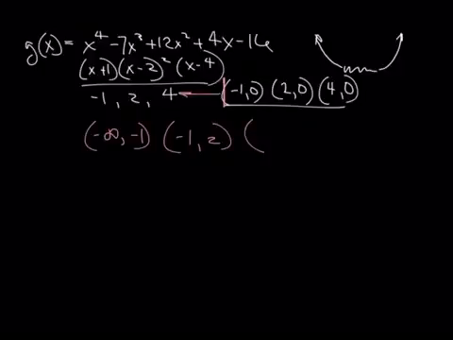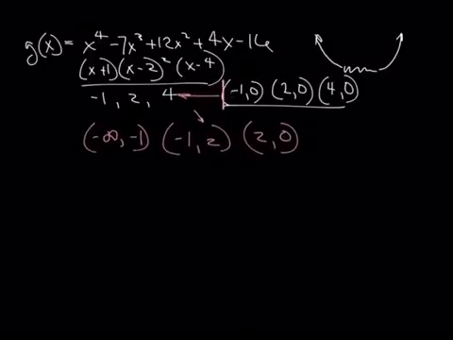And then remember, this 2 is last, so it becomes first here. And I shouldn't put a 0 there. That needs to be a 4. Between 2 and 4. And then from 4 we go 4 to positive infinity. So we have 3 different places where it crosses, and we have 4 intervals.